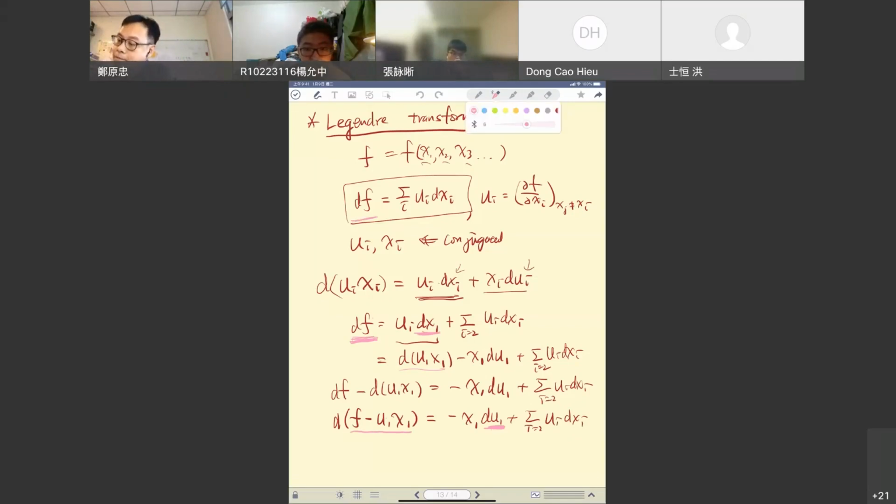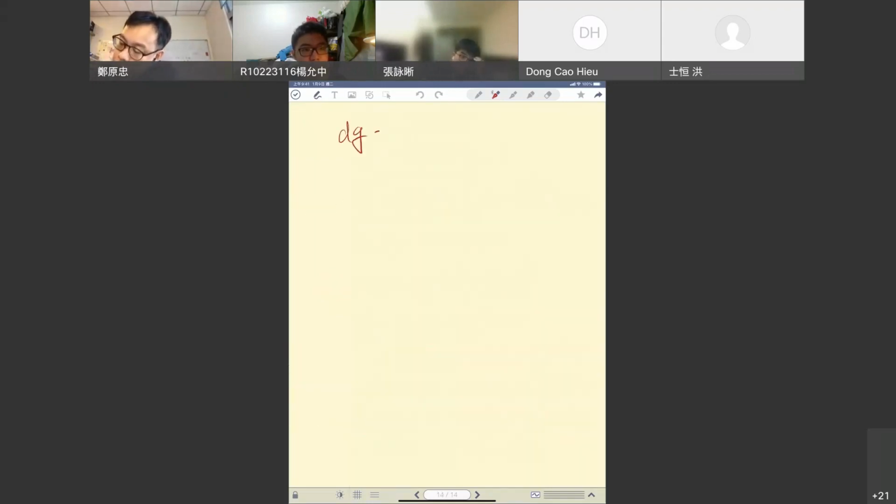So if we define g equals f minus u1 s1, then dg will be minus s1 du1 plus the sum over all the u_i ds_i. So g is a natural function of now u1, s2, s3.